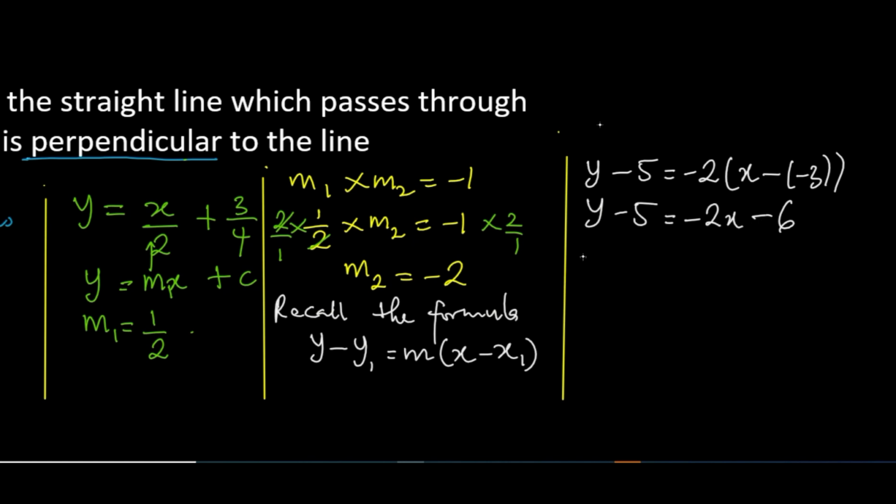So in this instance, you get y is equals to minus 2x minus 6 plus 5. y is equals to minus 2x minus 1. So that's the equation that is perpendicular to the line given to us there. Okay, let's move on to the next question.